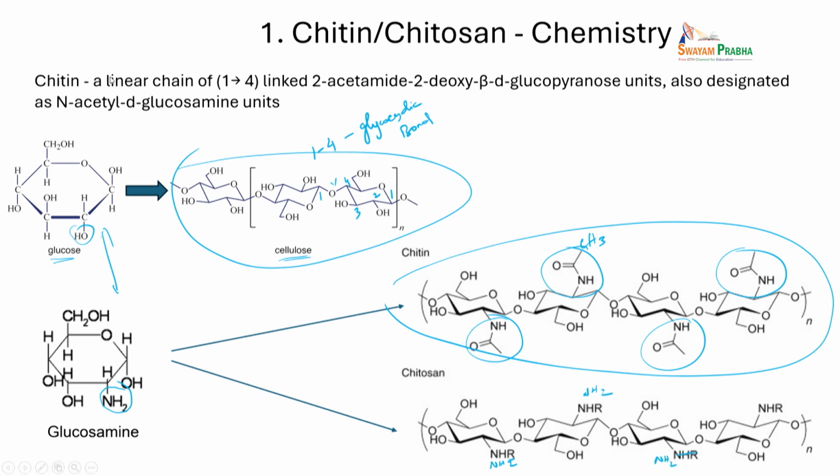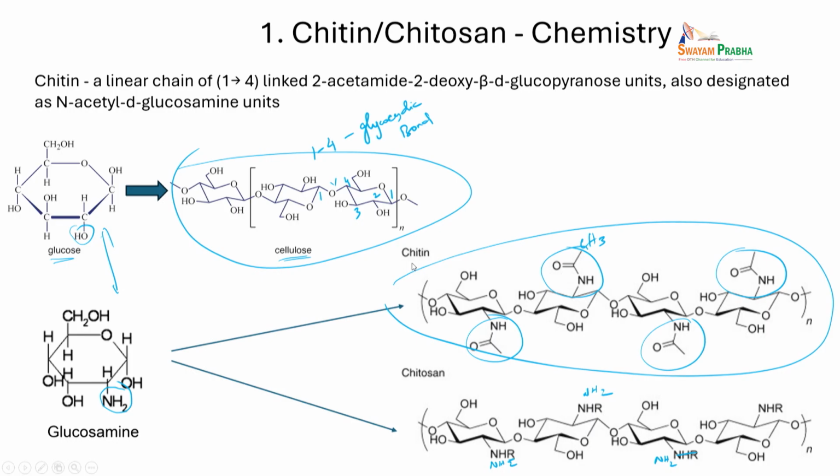When all these units are amine, or glucosamine, we call it chitosan. If some of the amine groups are acetylated, then we say it is chitin. The chitin that we extract from crabs and lobster actually has these acetylated amine groups.